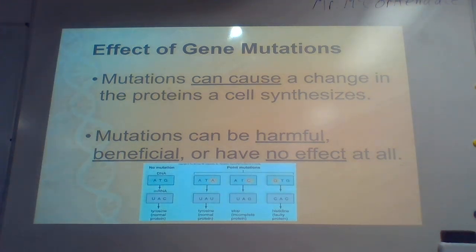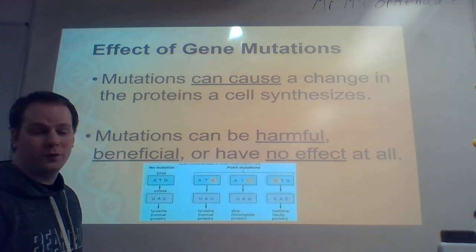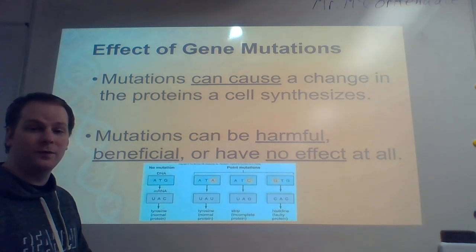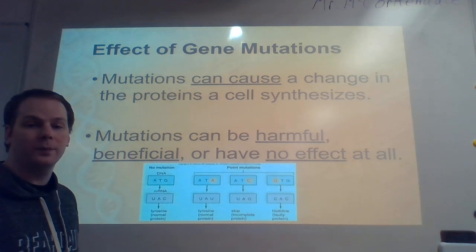Sometimes it has no benefit. And then occasionally you get those beneficial mutations where things actually advance and become more likely to survive because of that change in that protein.